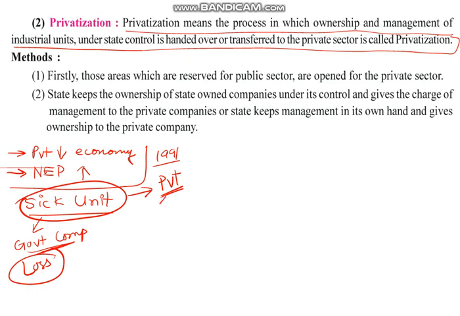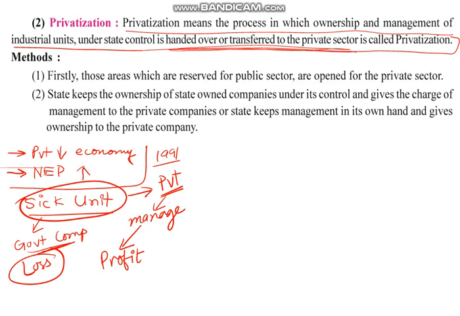Private companies will manage those sick units, those government companies, and start making profit out of them. So this is basically privatization: transferring or handing over the control to the private sector.